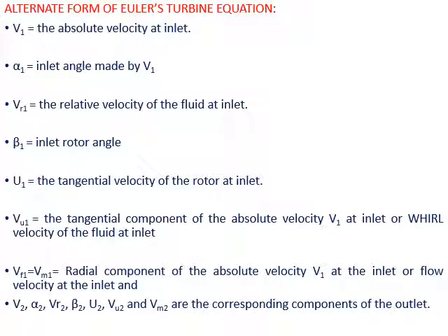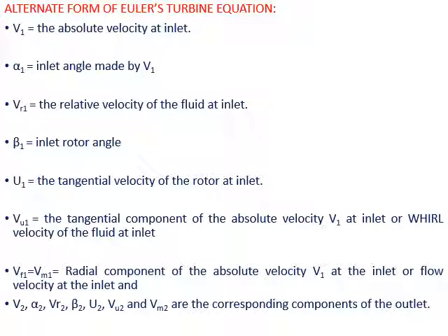Here V1 is the absolute velocity at inlet, alpha 1 is the inlet angle made by V1, VR1 is the relative velocity of fluid at inlet, beta 1 is the inlet rotor angle, U1 is the tangential velocity of the rotor at inlet, VU1 is the tangential component of the absolute velocity V1 at inlet, also called the whirl velocity of fluid at inlet.